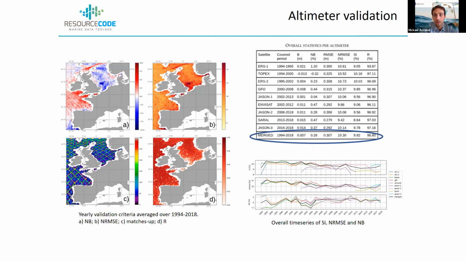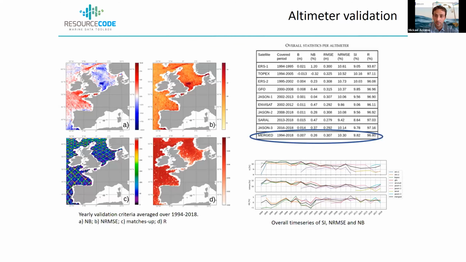So it means that all the altimeter data and model matchups are gathered in one merged product. And there is an advantage in that, it's covering the whole time series up to 2018. And so you can see for the bias that it's really close to 0 in average. And for the error, we are about 30 centimeters error in average, which represents 10% error normalized.